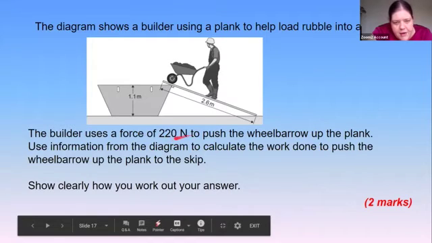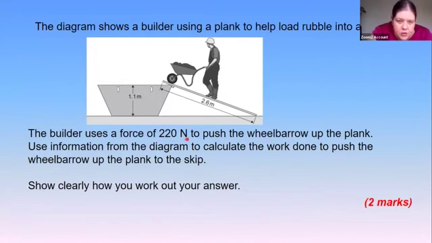I've got a funny pointer now though. So work done equals force, which is 220, times a distance. Now the distance is up the plank, which is 2.6 meters. So for this question, it would be 220 times 2.6.